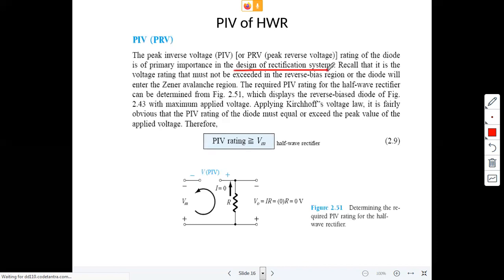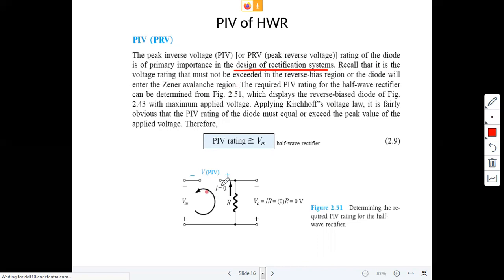While designing a rectifier circuit, you must consider the PIV or PRV. What is peak inverse voltage? Recall that it is the voltage rating that must not be exceeded in the reverse bias region, or the diode will enter into the Zener or avalanche region.